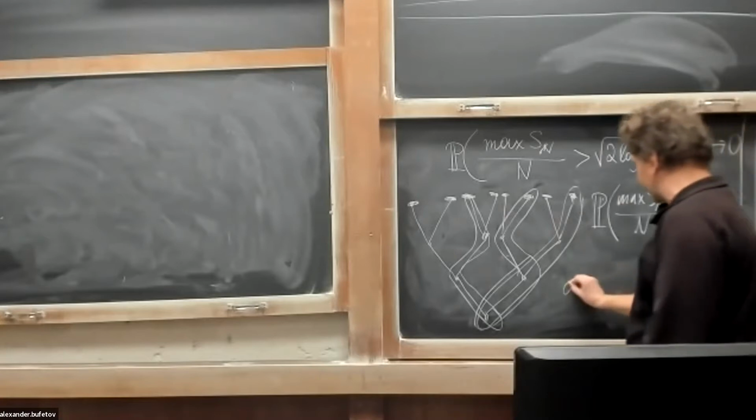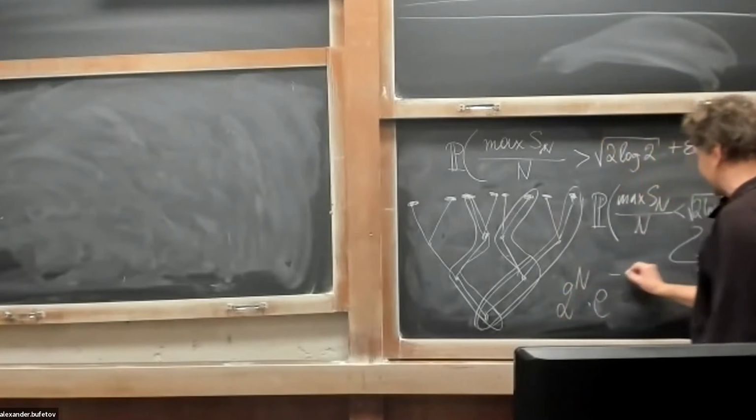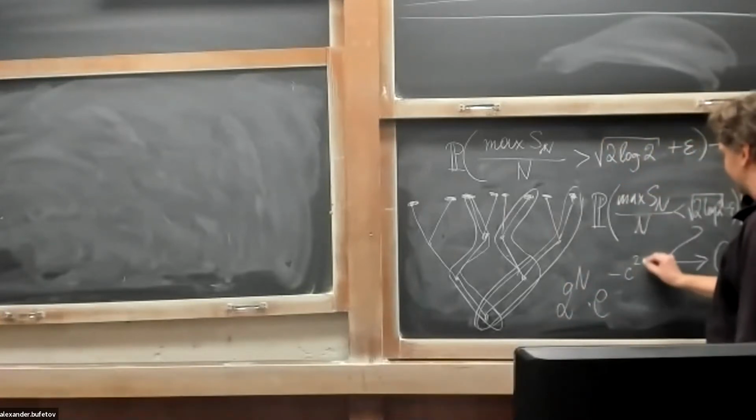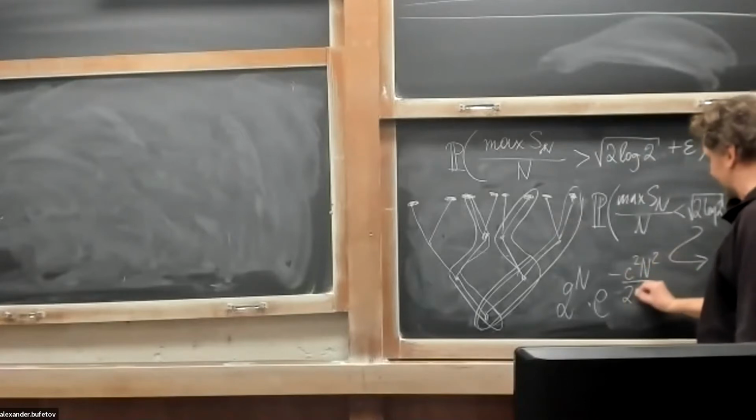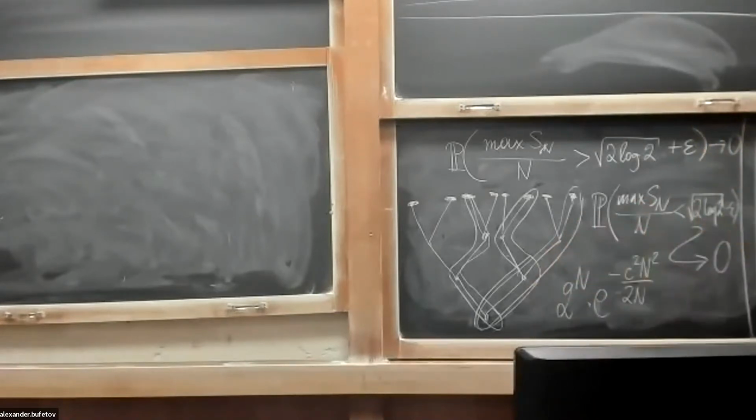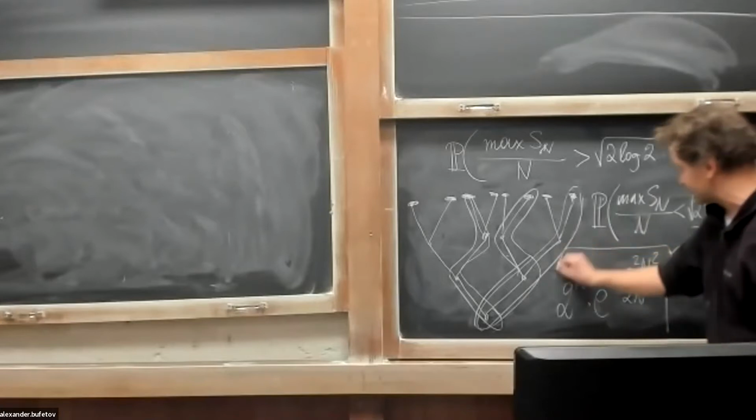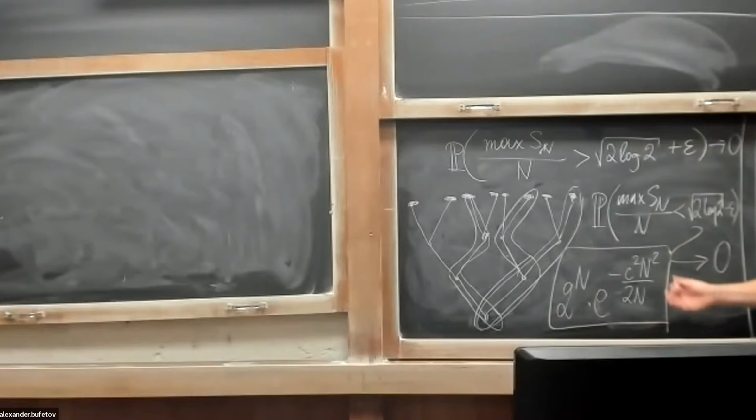I have 2 to the n variables times e to the minus c squared n over 2. Clearly, if c is small, this sum of probabilities is exponentially large. So it seems reasonable that at least some event should happen.